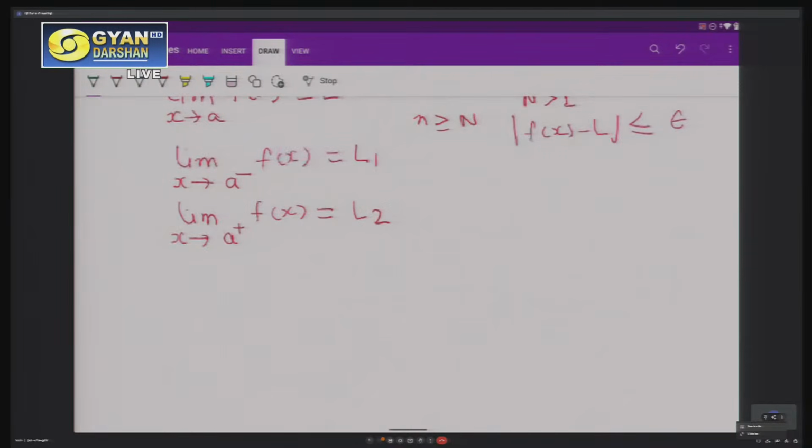So we say that the limit exists only when the left hand limit is equal to the right hand limit.